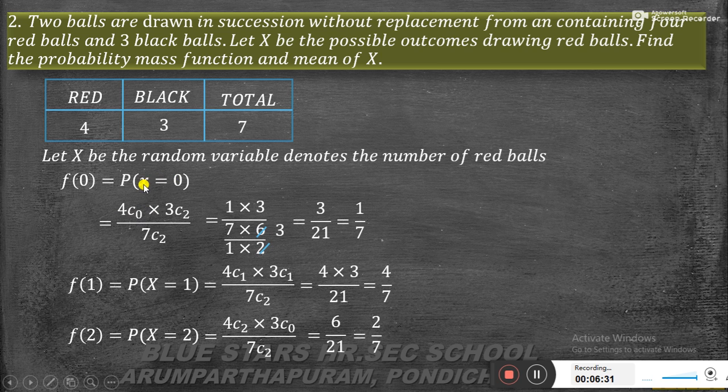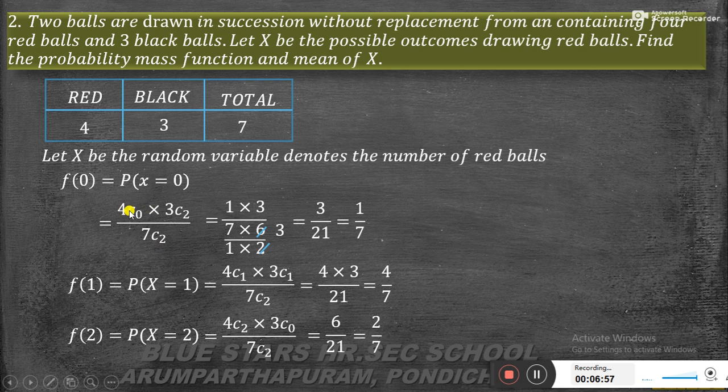Totally I take 2 balls, so no red ball means the 2 balls come from the black balls. So 4c0 into 3c2, divided by 7c2, since the total is 4 plus 3, 7.